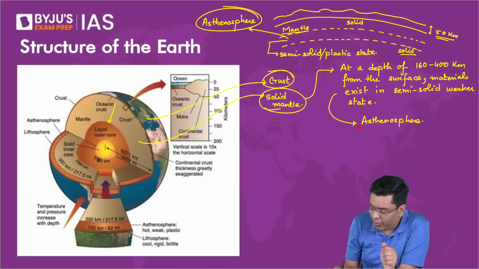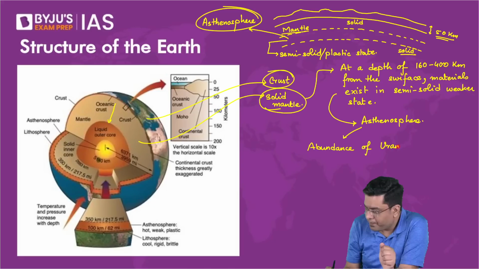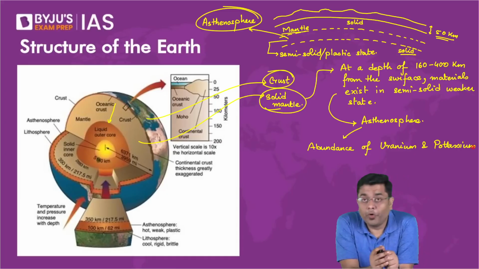Okay. So first of all, abundance of uranium and potassium.